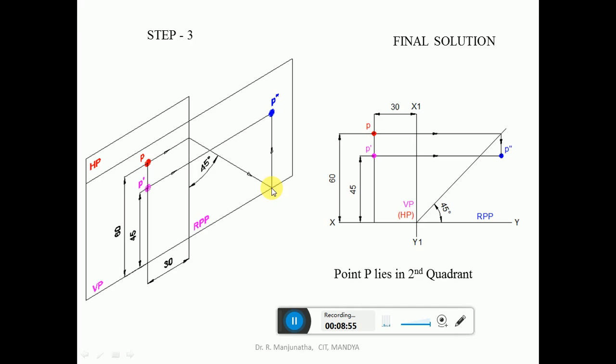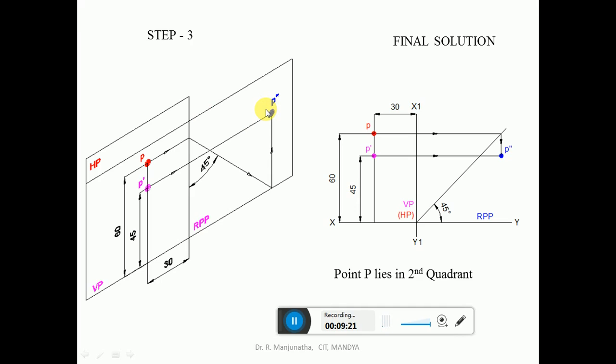So this vertical distance of behind VP, which is 60 mm, is transferred into horizontal distance here. Then it is projected upwards, where you have the front view, and on that line you are going to get the side view. So this is going to become the P double dash. This will be the right side view, because it is behind RPP, because we have the condition behind VP.